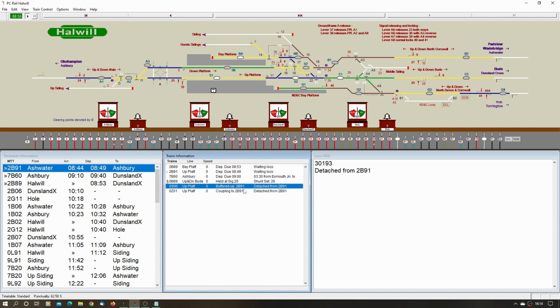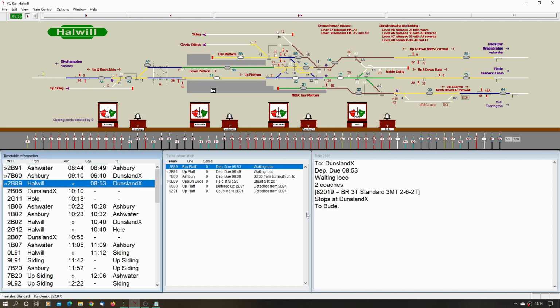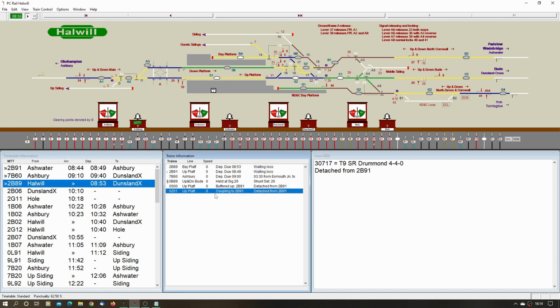So I can't get this locomotive back. I think I've obviously done something wrong there. It's still on this track circuit. So this is going to delay this other passenger, but once he's coupled, he should be able to go, and then I can move this light engine hopefully out of the way. It seems to be stuck on these points.